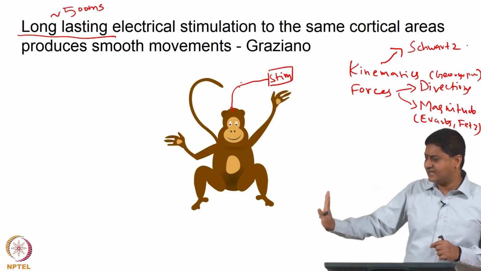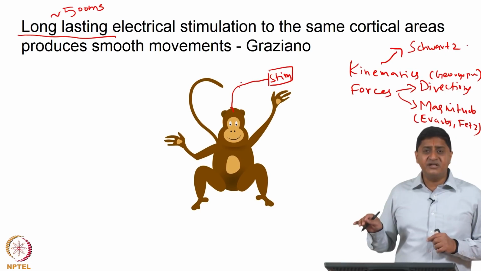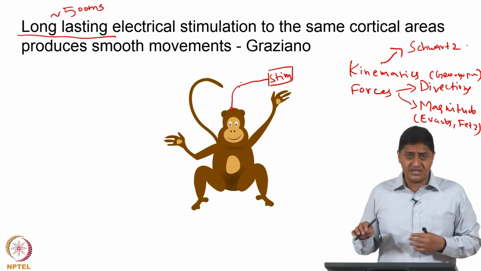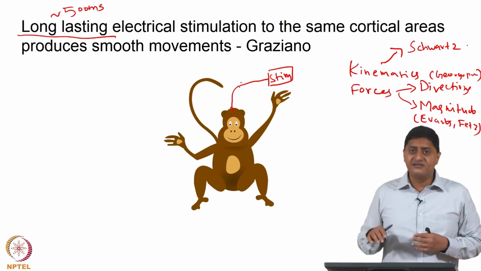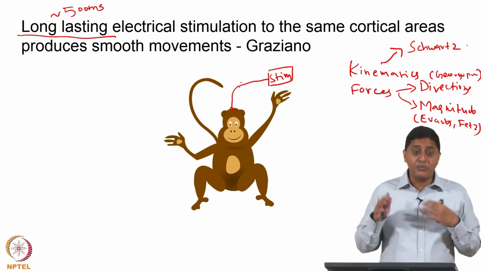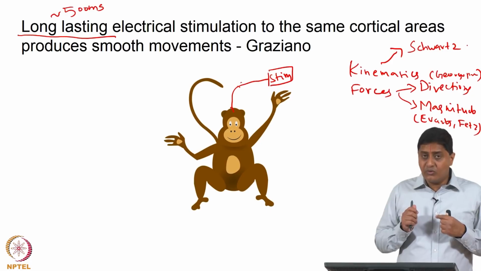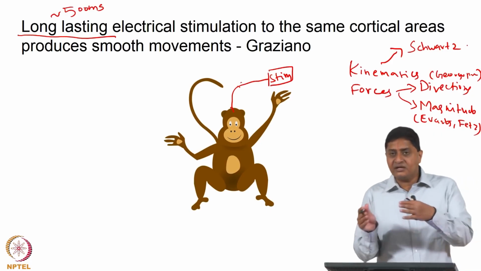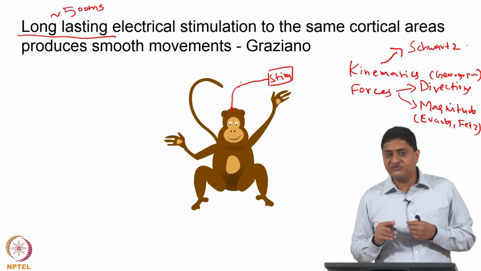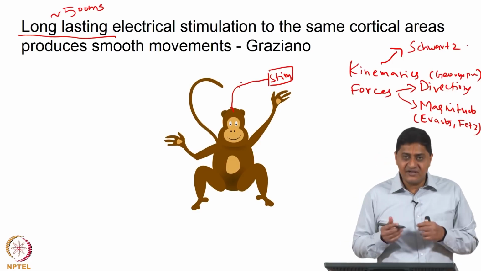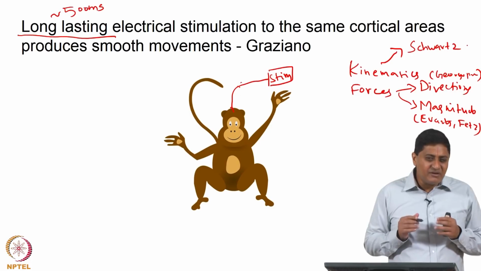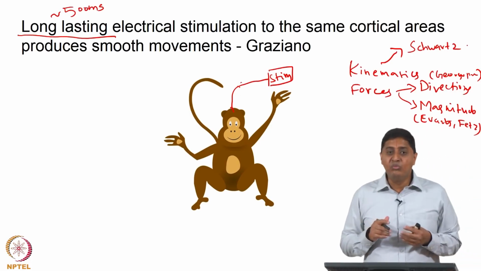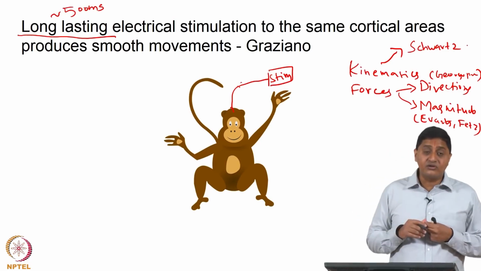So, when the monkey does that, muscles in multiple joints are activated in some temporal sequence. Now, that challenges the idea that direct coding of specific mechanical variables is what is happening in the primary motor cortex, but rather it is the movements themselves that are encoded.